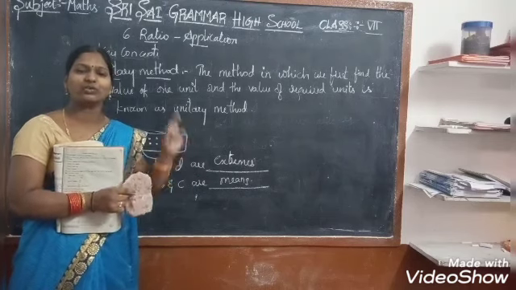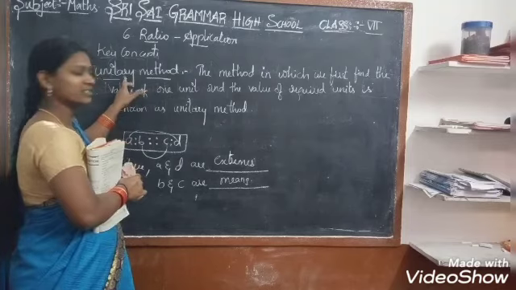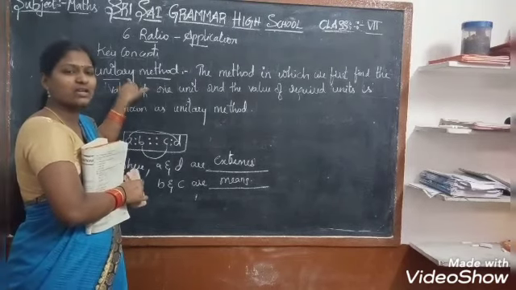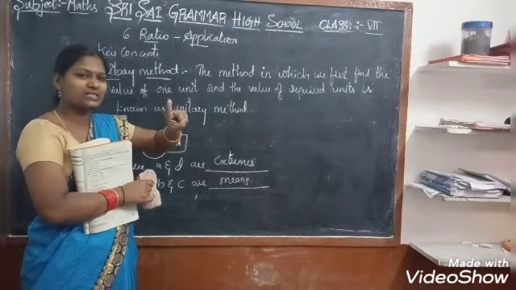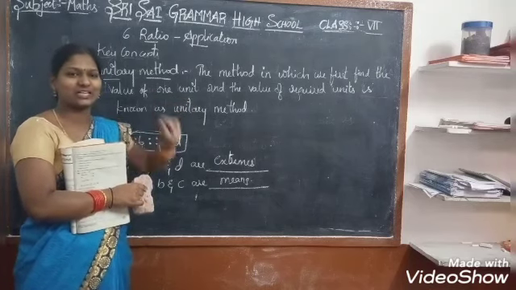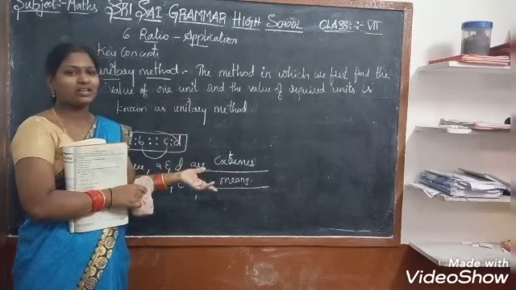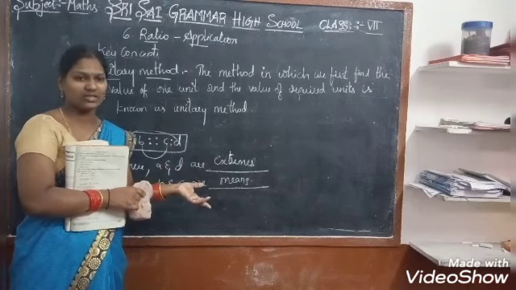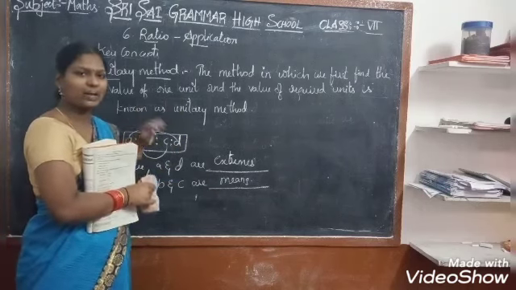To know the value of 1 duster, we are going to use the unitary method. First, we find the cost of one duster. After that, we calculate the cost of the remaining dusters. So that is the unitary method.